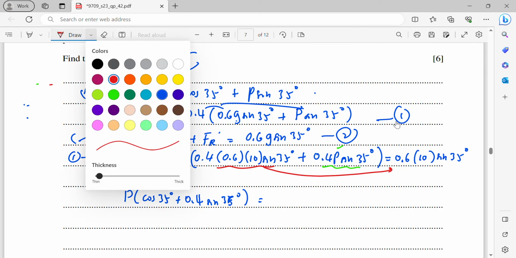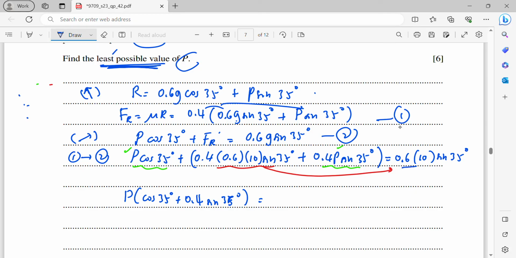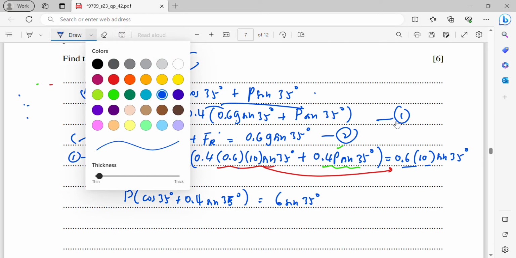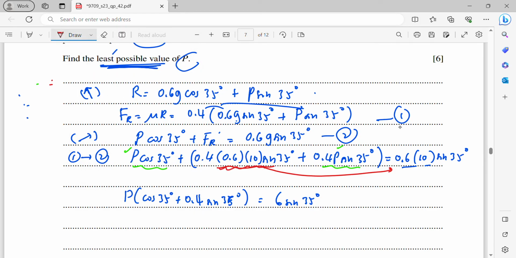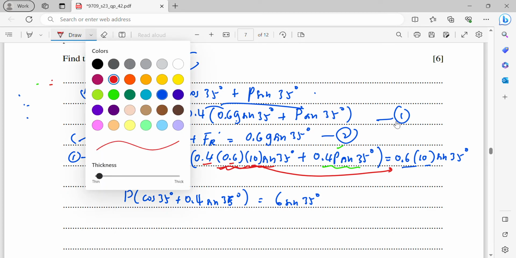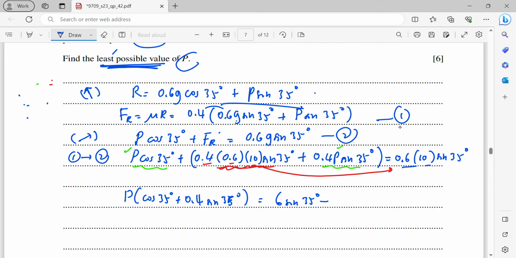And I will simplify. 0.6 times 10, it will be 6 sine 35. Then the red color here, the second term, I will move to the right side and try to simplify all these simple numbers. So then I will get minus 0.4 times 0.6, then times another 10 is like 0.4 times 6, which is 2.4. Then I will get sine.